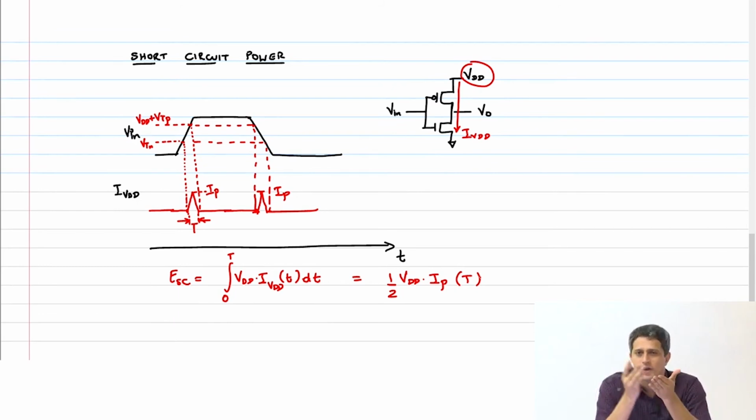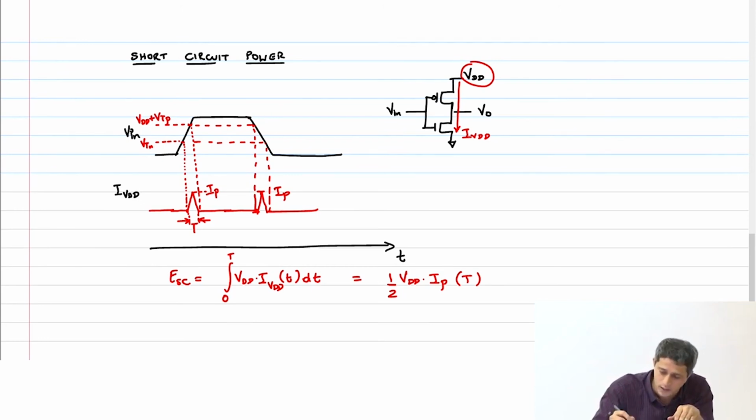Now if I give you the slope at which the input is rising, then you can calculate what this T is, how long it takes to go from VTN to VDD plus VTP, right, given the slope is say VDD by T rise.